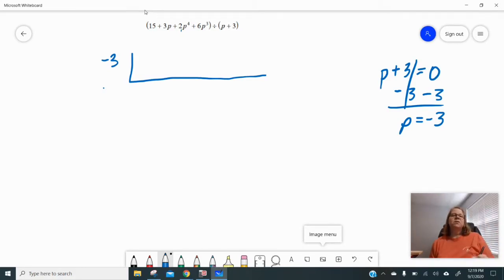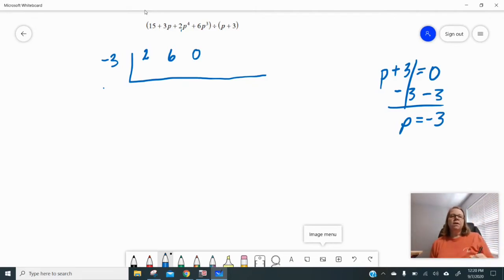So that means that 2p to the 4th would be the first one. I just need the 2 from the 2p to the 4th. Then the next smallest going down would be 6p to the 3rd, so I need the 6. And then there's not a p squared term. So 4th, 3rd, 2nd, I have to put in a place for that. So I put a 0 because 0p squared is technically there, but you don't see it.